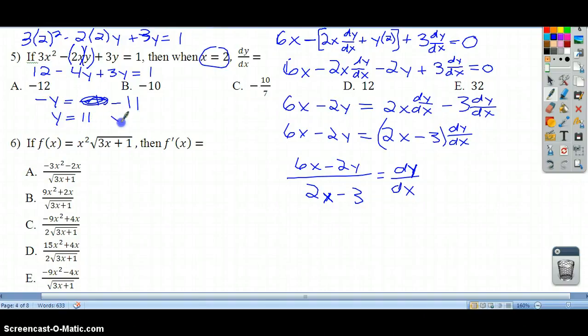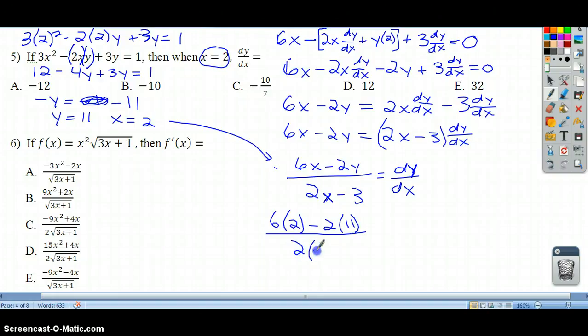Alright, so I'm going to plug x equals 2 and y equals 11 into my derivative here. This is what I was supposed to do all along. And this is not number 6. Okay, so now I've got 6 times 2 minus 2 times 11 divided by 2 times 2 minus 3. So that is 12 minus 22, all divided by 4 minus 3, which is 1.